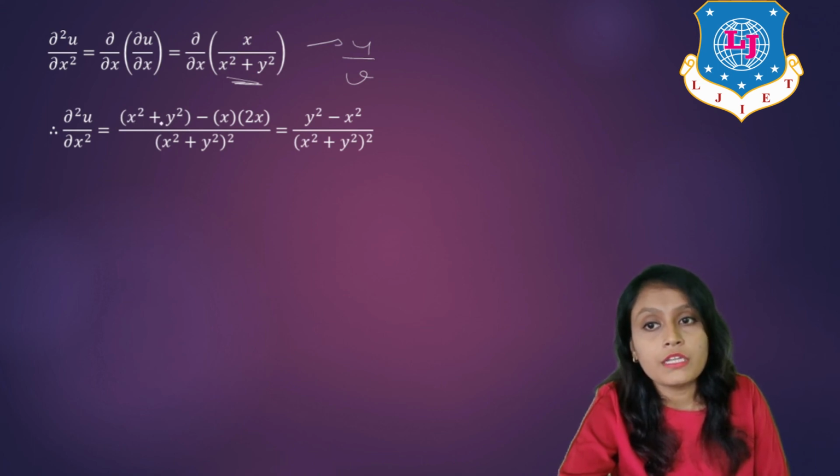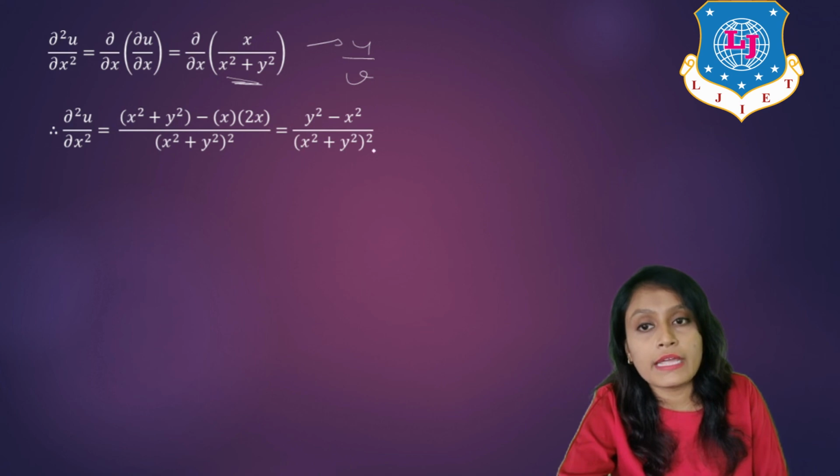So denominator as it is, that is x square plus y square as it is, derivative of numerator, that is 1, minus numerator as it is, x as it is, into derivative of denominator with respect to x. So here we have 2x upon denominator square. Simplify this, so you will get y square minus x square upon x square plus y square whole square.